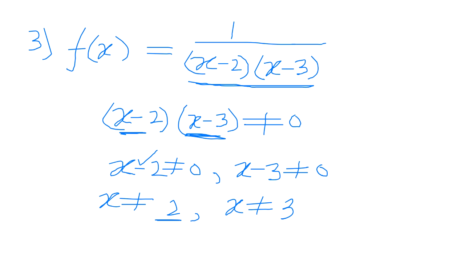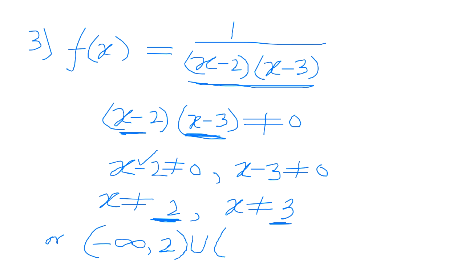How do we write the domain? You start from negative infinity up to 2, with an open bracket because 2 is excluded, then the union.